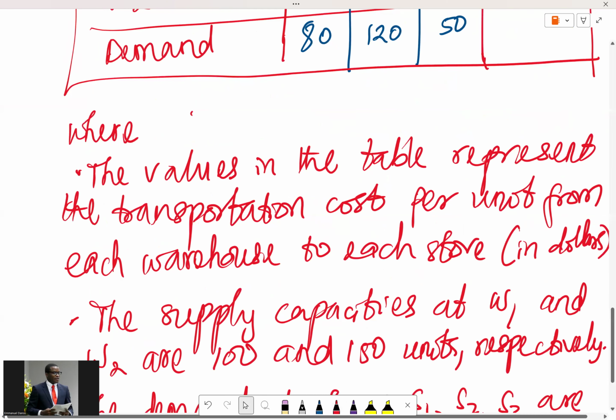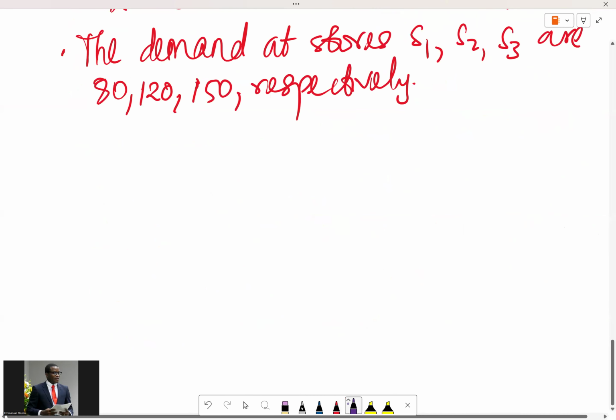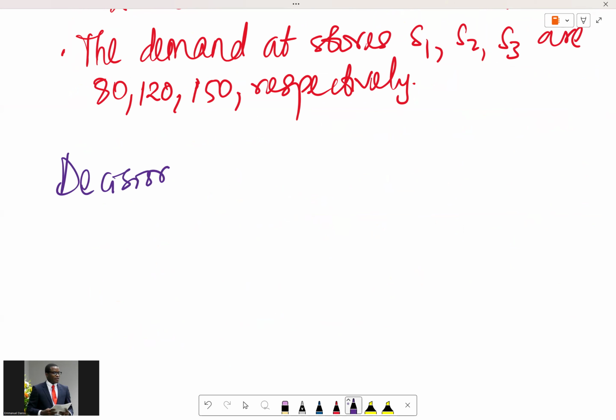So the next thing we want to do is to find a way of dealing with that. We have to determine what our decision variables are. So what will be our decision variables in this case?